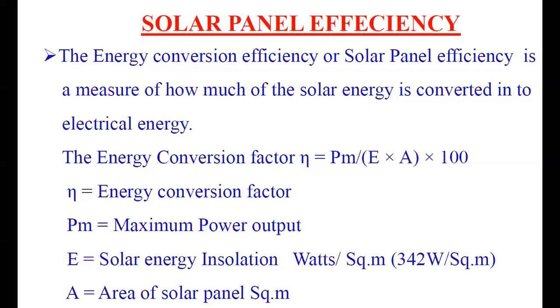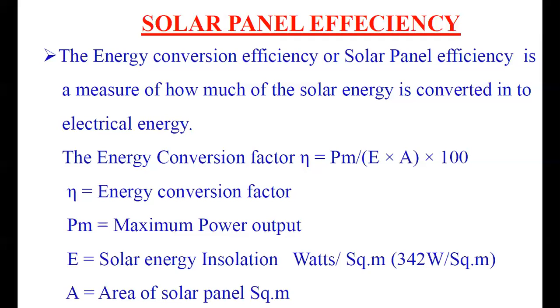The solar panel has to be rated in terms of the peak power or the maximum power, denoted by Pm. That is the maximum power output or peak power output of the solar panel. E is the solar energy insolation, in watts per square meter. The solar insolation is the amount of solar energy that strikes a square meter of Earth's surface in a single day.